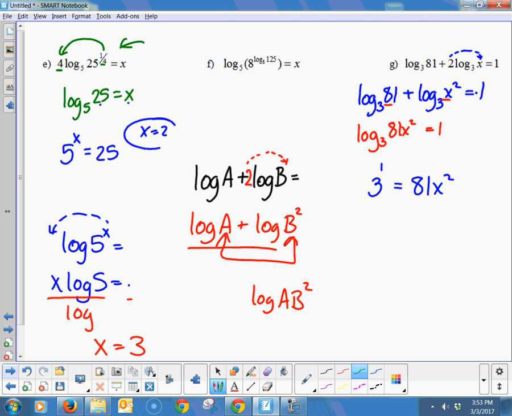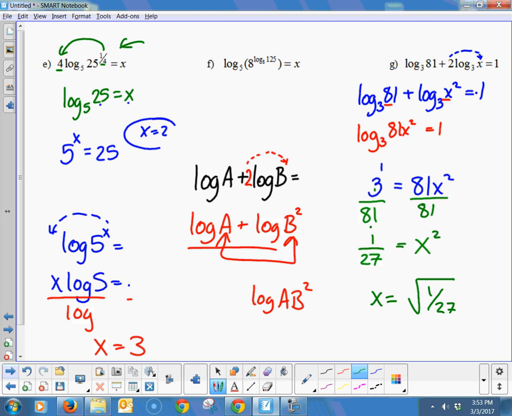Oh well, I don't have a choice. I divide by 81 on each side, and I get x squared equals 3 over 81, which I believe reduces to 1/27th. That's why I don't like it. And so x is going to equal the square root of 1/27th, whatever that is.